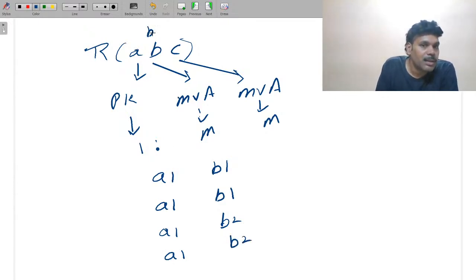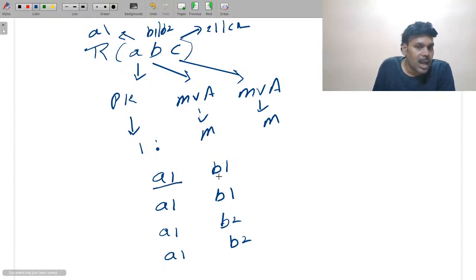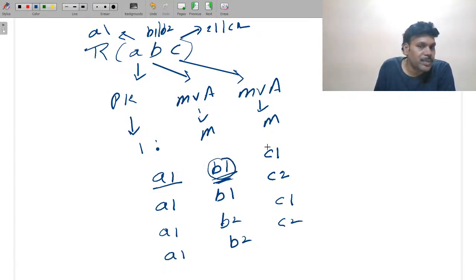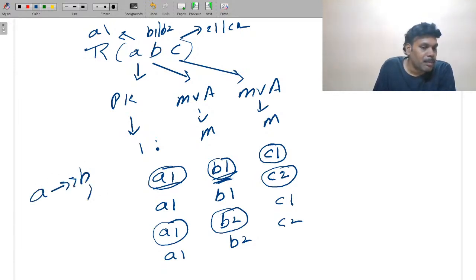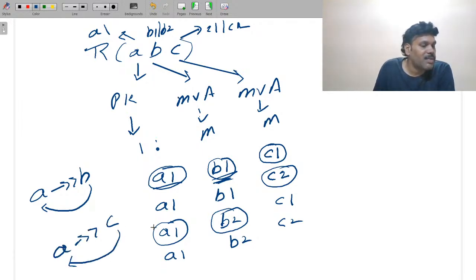If you have B1, B2 values here, C1, C2 values here, A1 value here, anyhow you are repeating this, you are also repeating the others, C1 and C2, C1 and C2. What is the meaning? Because of this pair of values, you are repeating the other column as well as the primary key. Because of the second pair of values, you are repeating the other column as well as the A value. That's why we confirm B is repeating the A value and we confirm C is also repeating the A value.